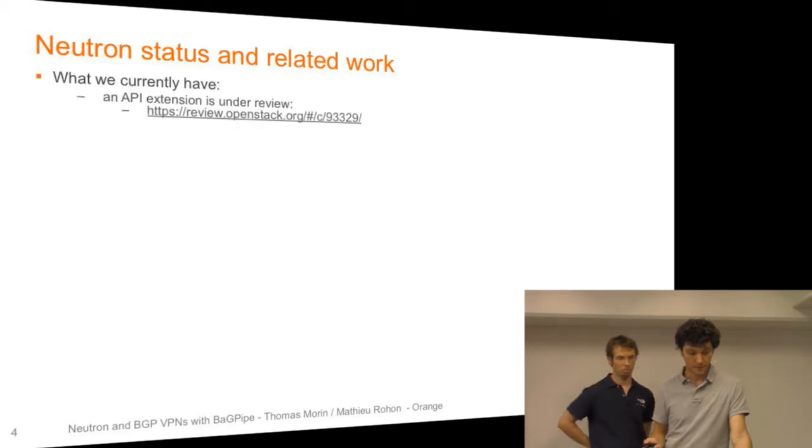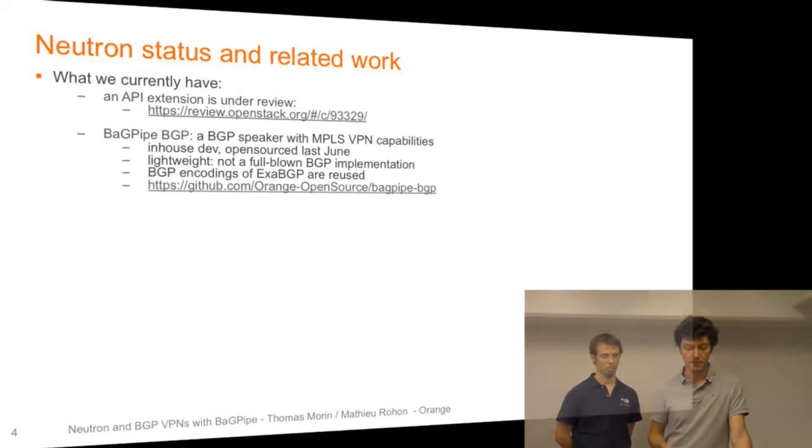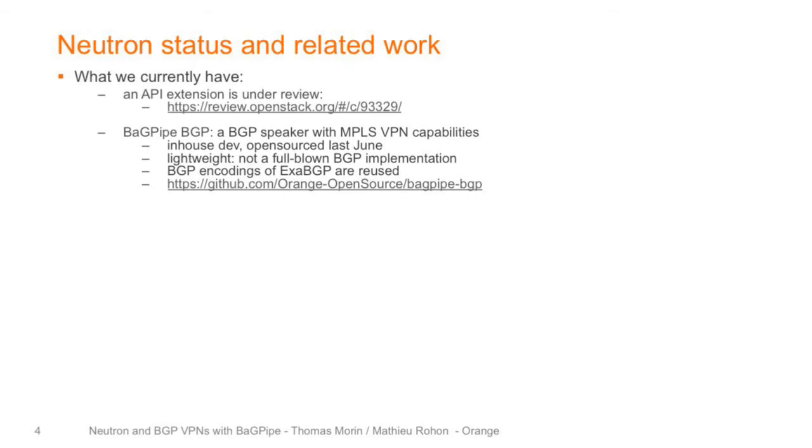We also have a compatible BGP speaker named Bagpipe, which has been disclosed and is available on GitHub. It's important to note that this BGP speaker is very lightweight, and it is reusing the BGP encoding of ExaBGP speakers.